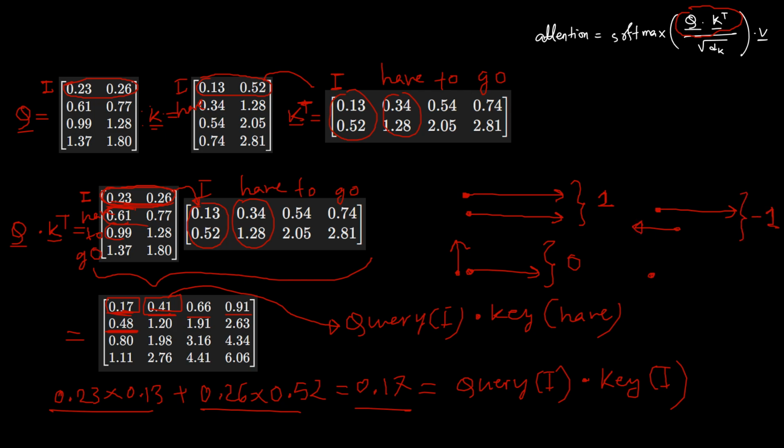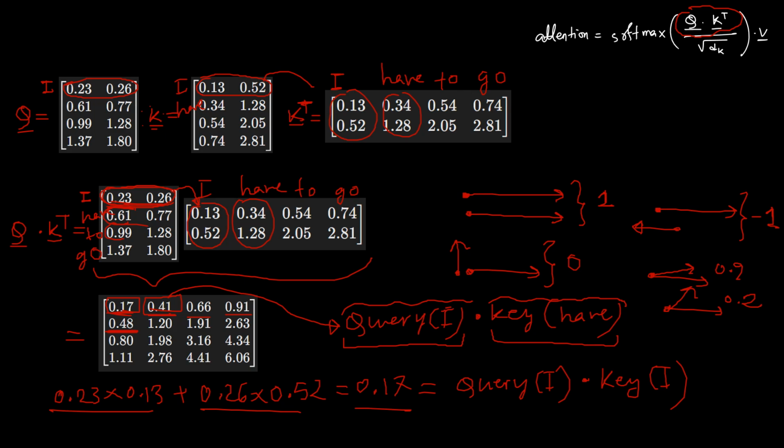Likewise for intermediate values, if they are closer, the dot product will be close to 1. So this will be something like 0.9. If they're farther apart, the dot product will be small. For example, in this case, it will be something like 0.2. So what the dot product does is that it finds how close two vectors are. So when you are producing the dot product of the query of I and the key of have, what you're essentially finding out is how related these two words are.